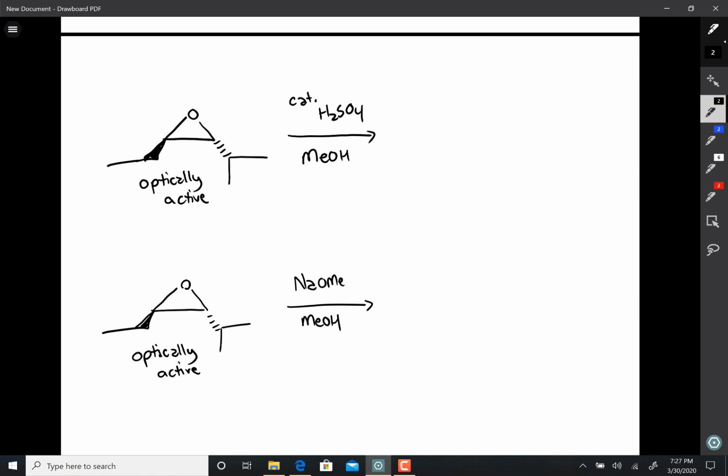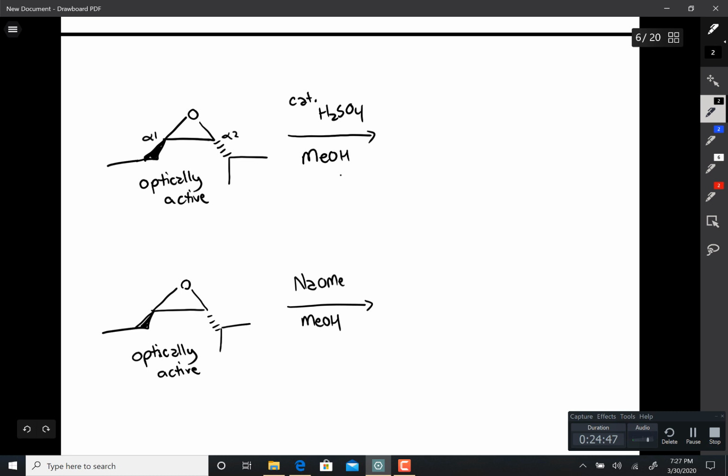So, predict the products of these two. Go ahead and pause the video. Okay. In this first case, this alpha carbon and this alpha carbon have the same substitution.